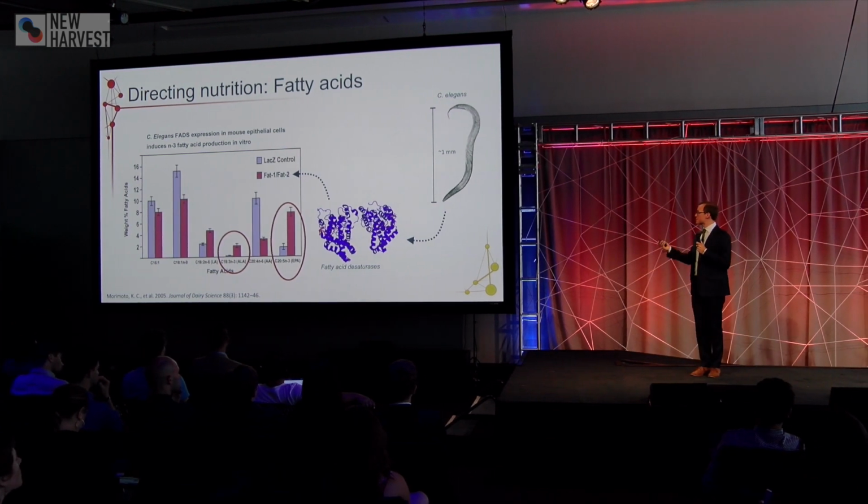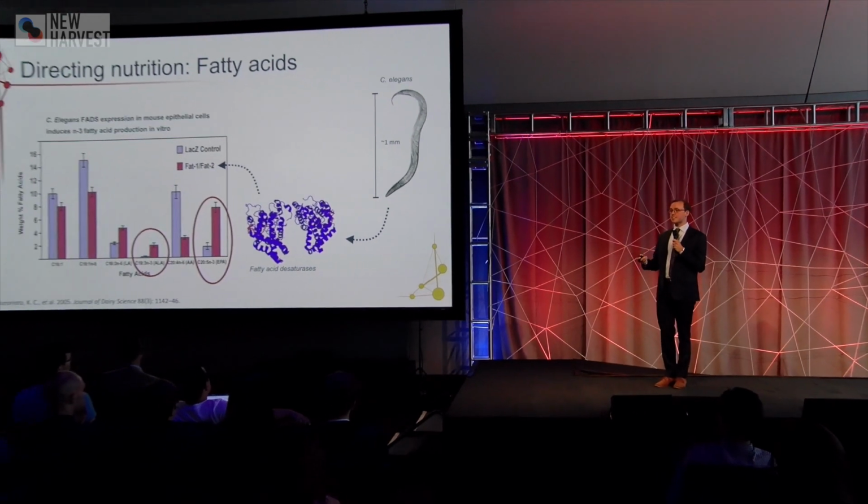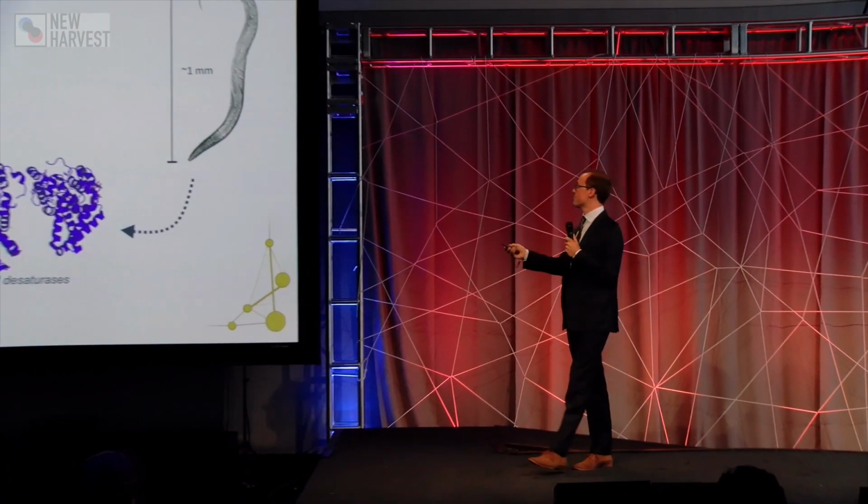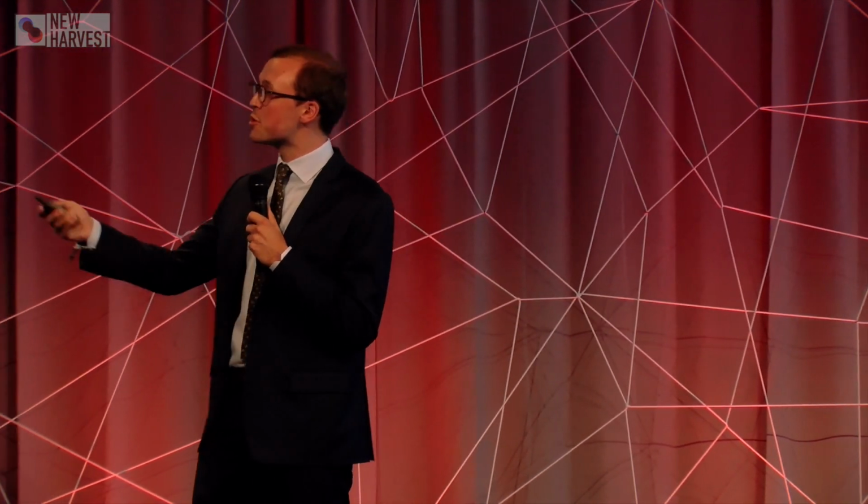Fortunately for us, researchers have previously shown that fatty acid desaturase genes from a C. elegans nematode expressed in mammalian cells make it so that those mammalian cells are able to do just that, and they can convert saturated fatty acids into unsaturated omega-3 fatty acids. As proof of this, the red charts show increased omega-3 content in cells expressing this gene, and to the left, we see a decreased level of more highly saturated fatty acids in these cells.